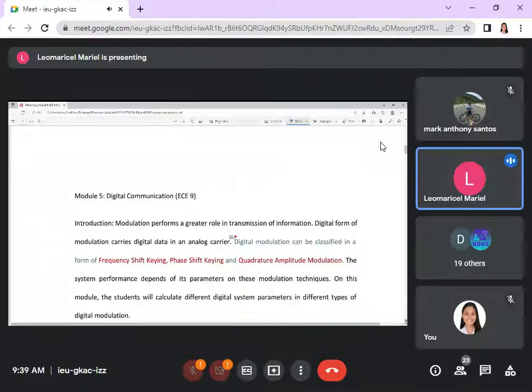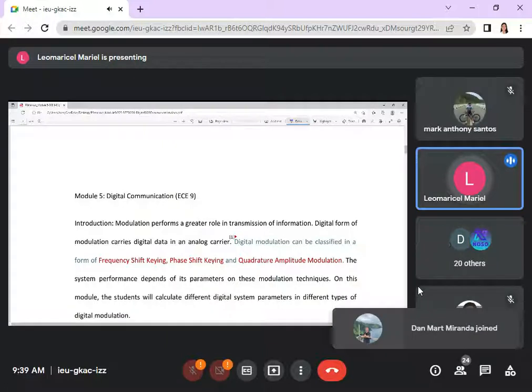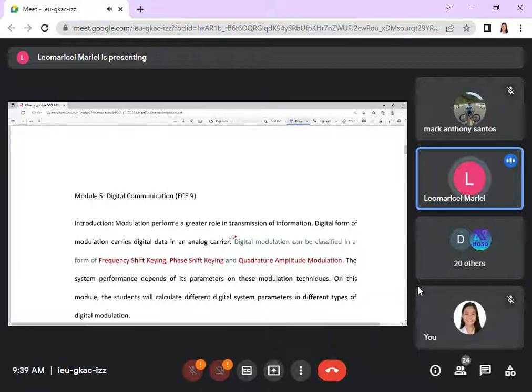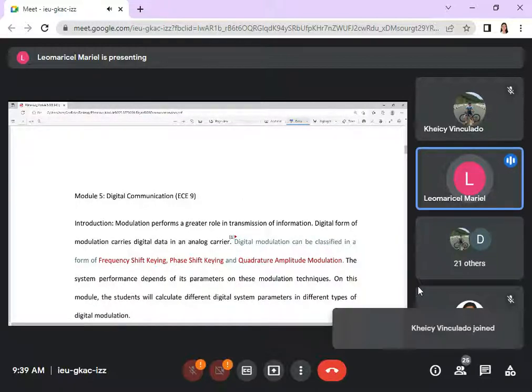For digital communication, now we're going to discuss some system calculations that are involved in digital communication. Last time we discussed different types of modulation, which includes their constellation, phasor, and truth table.